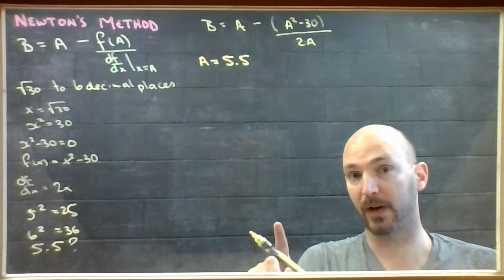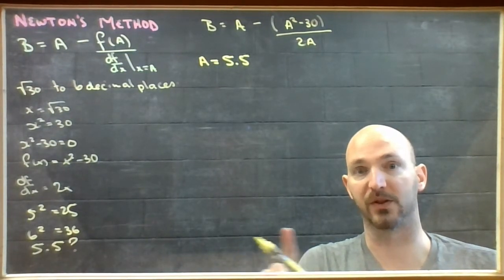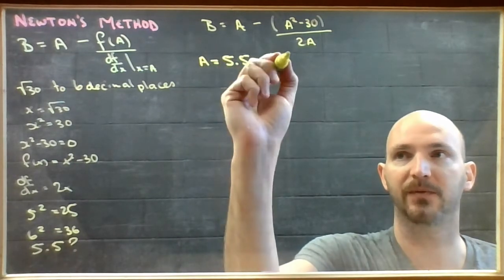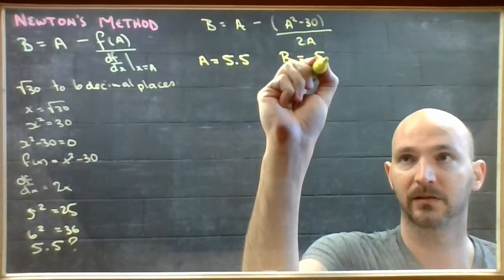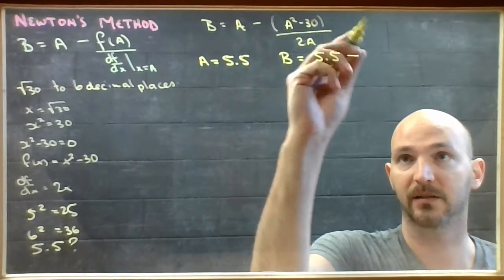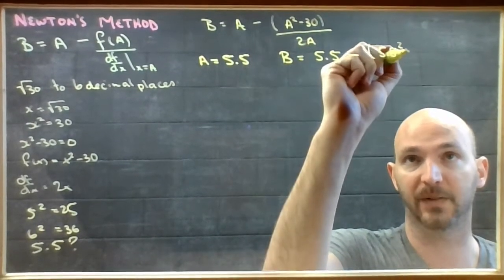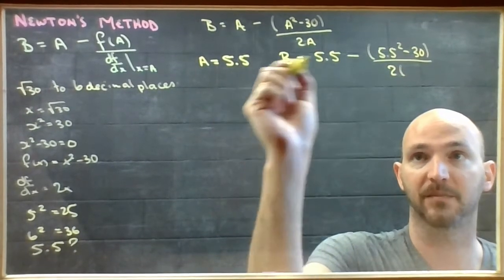Now I'm only going to write this down for the first one because I don't want to waste your time watching me write down decimal points. But in order to fill this out, my new guess would be my first guess, subtract my first guess squared, subtract 30, divided by 2 times my first guess.